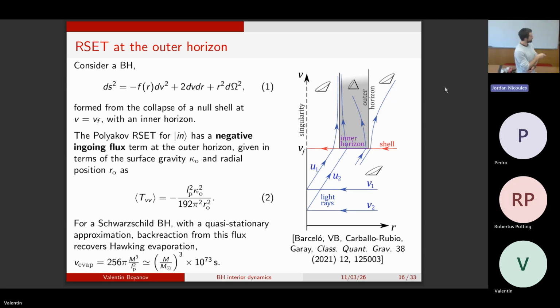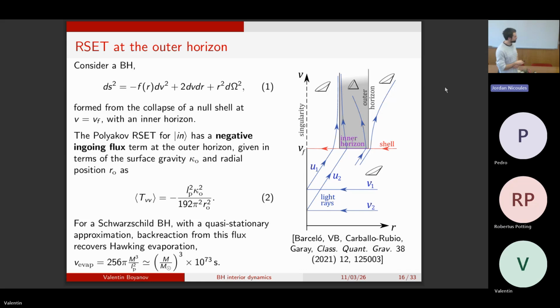And since it's negative, it leads to back reaction which is the opposite of what one would expect classically; particularly, it leads to the black hole shrinking, and this is none other than Hawking evaporation.